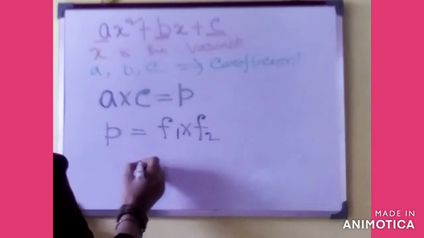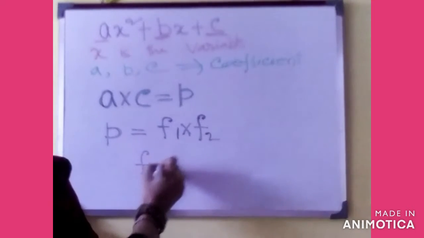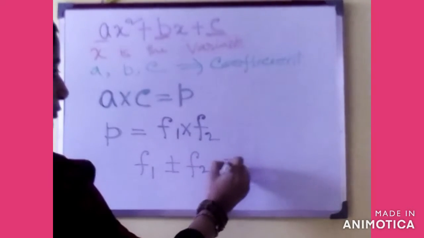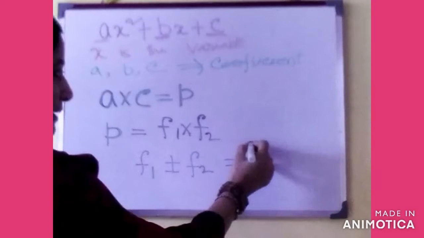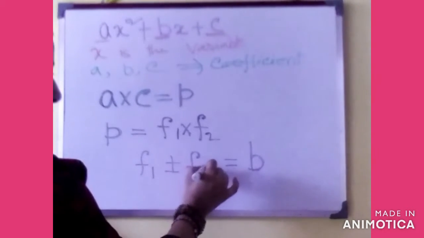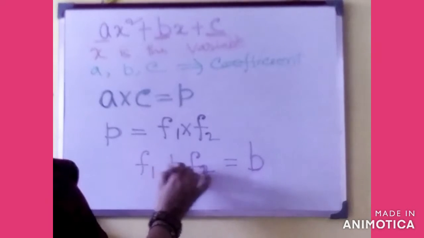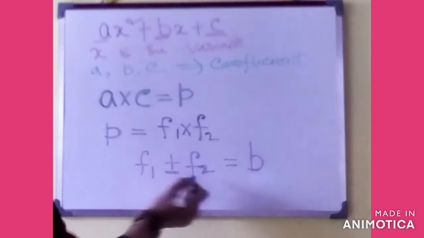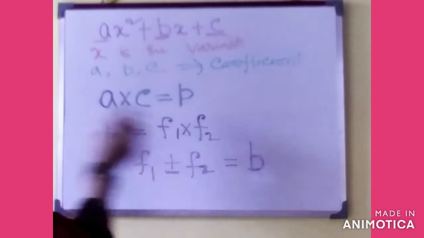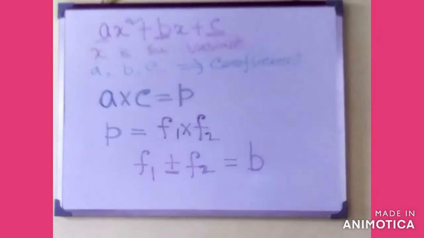And another most important thing is that f1 plus minus f2 will be equal to b. b means the coefficient of the middle term. So f1 plus minus f2 is equal to b, which is the coefficient of the middle term.